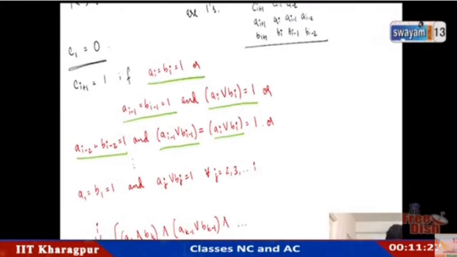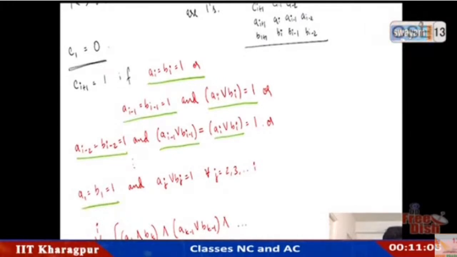Now you can keep generalizing this, or we can keep extending this. The last possible situation is that A1 and B1 are both 1s, and for the rest, at least one of them is 1, so the carry keeps propagating. So A1 is 1 and B1 is 1.